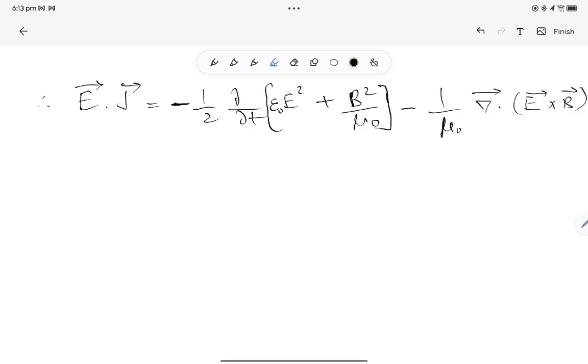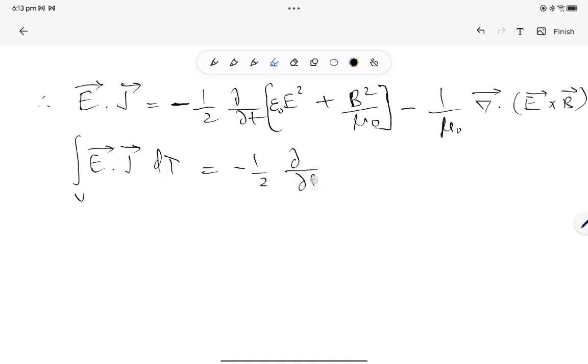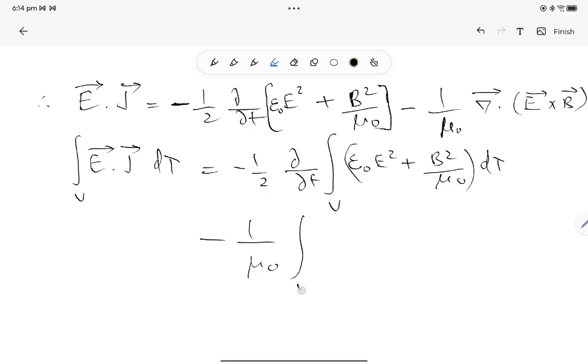Now the total work done on the charges in the given volume is given by the integral of E dot J d tau over the volume V, which is equal to minus 1 by 2, we can take this common, del by del t of the volume integral of epsilon naught E square plus B square by mu naught d tau, minus again 1 by mu naught volume integral of del dot E cross B d tau.